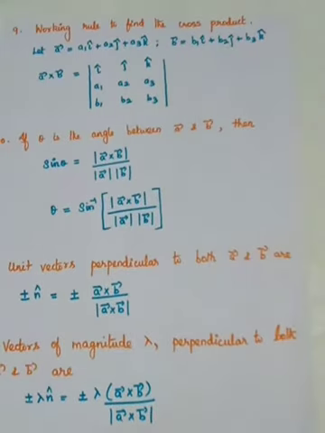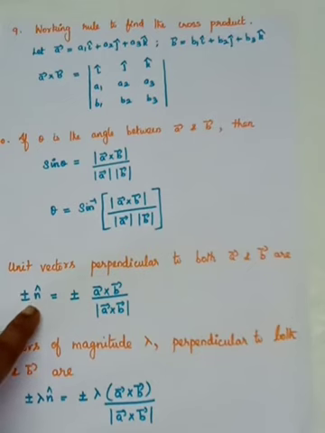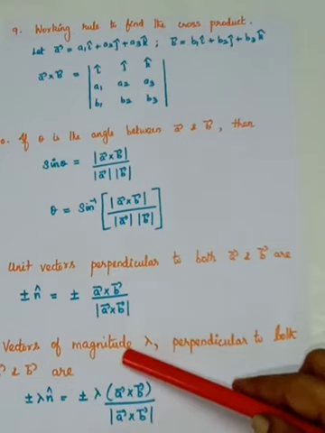So the formula to find the unit vector perpendicular to a vector and b vector is plus or minus a vector cross b vector divided by modulus of a vector cross b vector. Now, vectors of magnitude lambda.